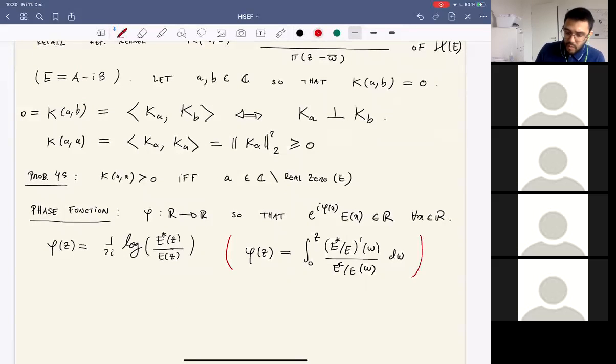And why does this make sense? Well, the function E doesn't have zeros in the upper half plane. The function E star could have some zeros in the upper half plane, but what matters is that on the real line, the zeros of this quotient cancel. So this function doesn't have real zeros. That means that in a neighborhood of the real line, this function is analytic and without zeros.